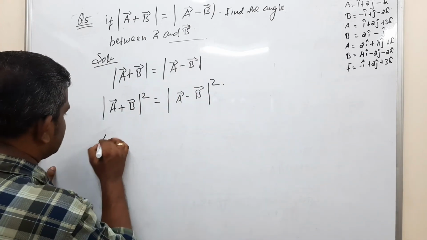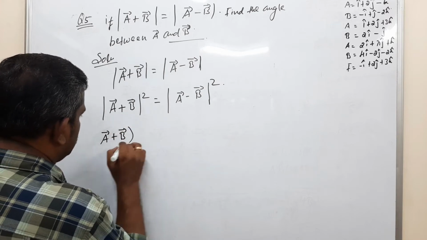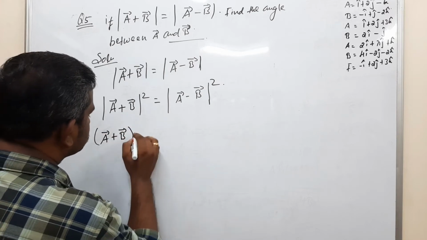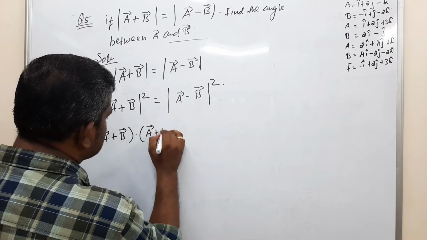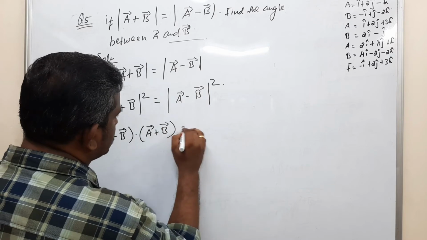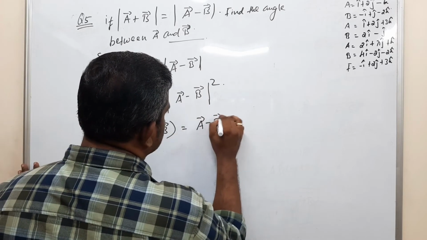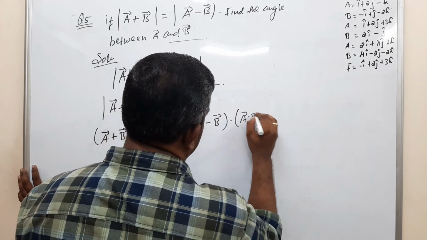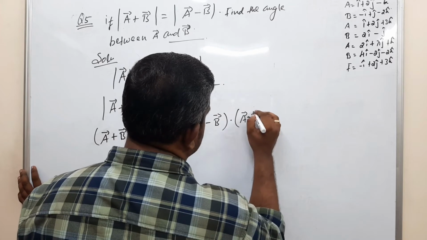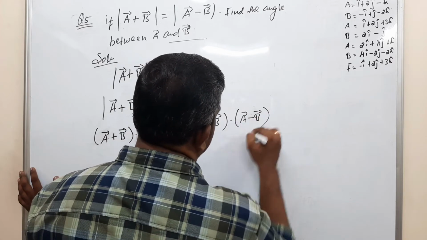we can write A vector plus B vector dot A vector plus B vector is equal to A vector minus B vector dot A vector minus B vector.